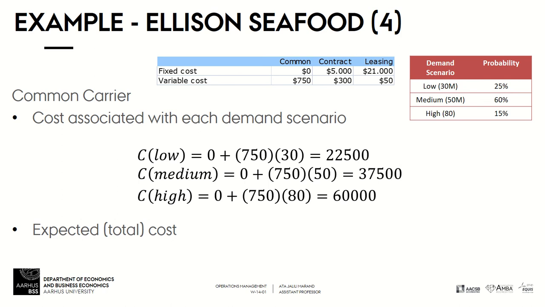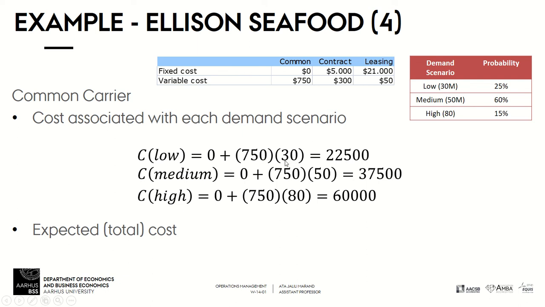For the common carrier, we need to calculate the cost for each demand scenario. As you can see, it is the cost for the low demand scenario, cost for the medium demand scenario, and cost for the high demand scenario, denoted by C low, C medium, and C high. Let's see how C low is calculated. For the first alternative, the fixed cost is equal to 0. So we have the fixed cost plus variable cost, which is 750 in this case, multiplied by 30, which is the number of shipments.